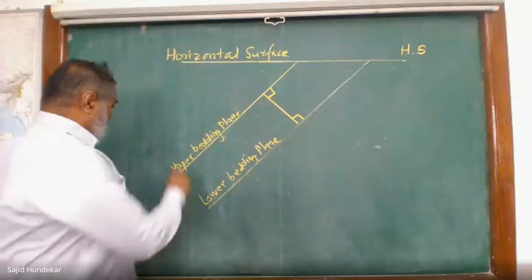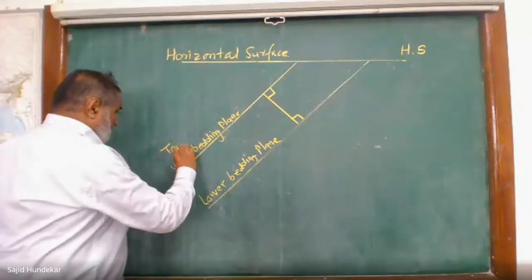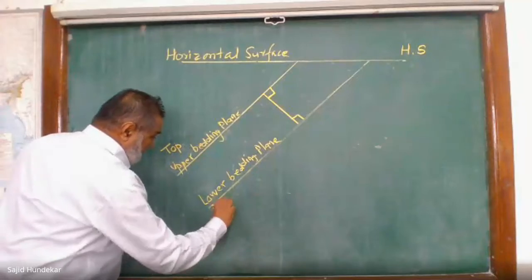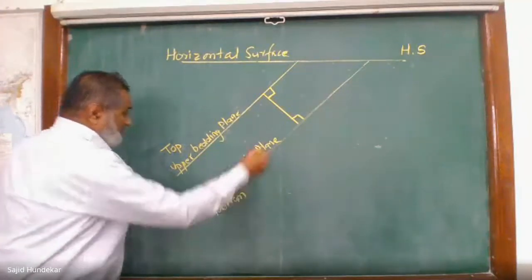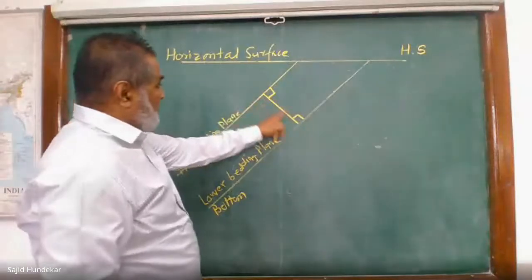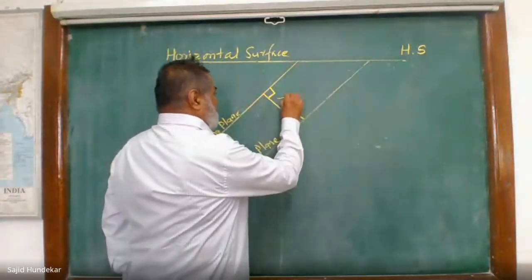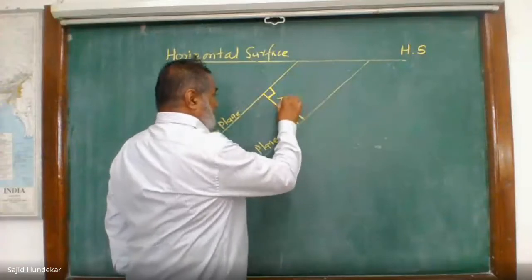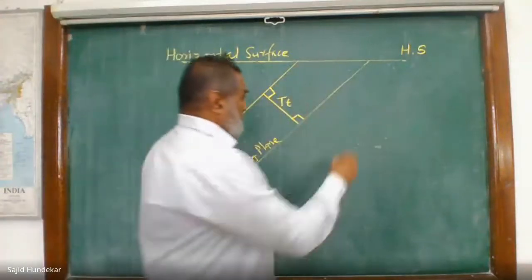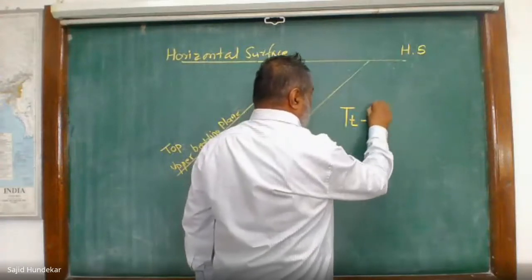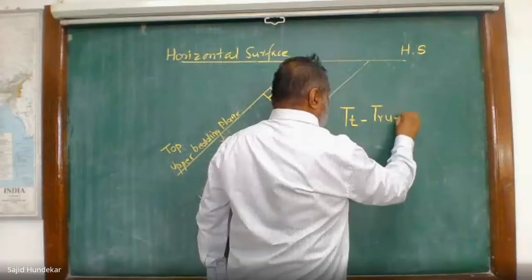Instead of upper, we can use the word top, and the word bottom bedding plane. If we measure the distance perpendicular to this one, this will be called the true thickness. Short form TT, we will write T capital and small t.